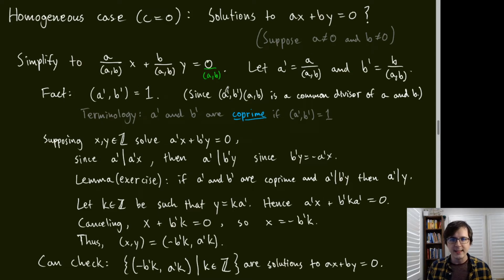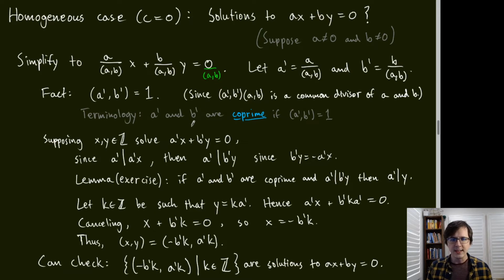So the GCD of a prime and b prime times the GCD of a and b will divide both a and b. And since that's a common divisor of both, and it's positive, that means it has to divide the GCD of a and b, and that implies that this has to be 1.